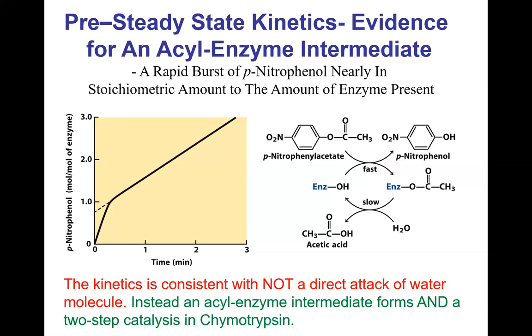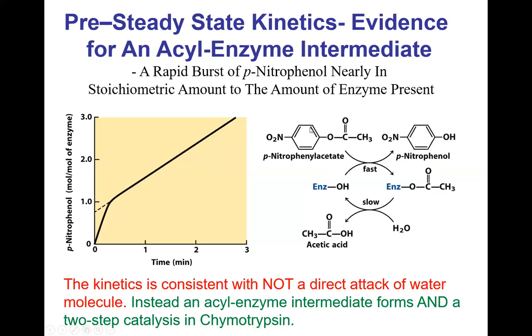Okay, so if you used 1 nanomole of enzyme, you basically produced 1 nanomole in that burst phase. That's what it means.